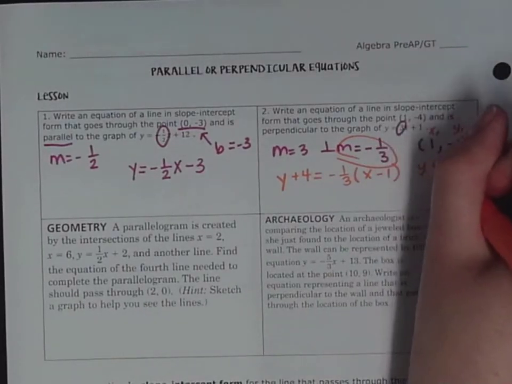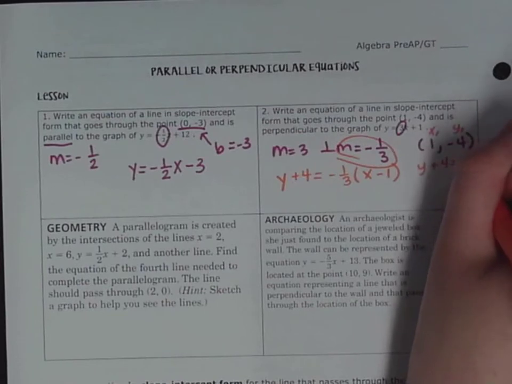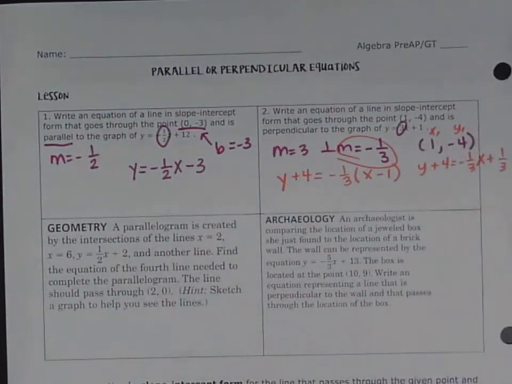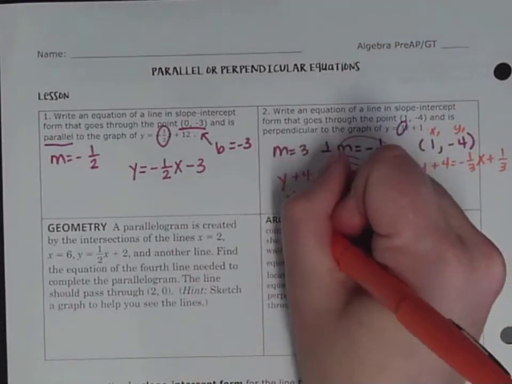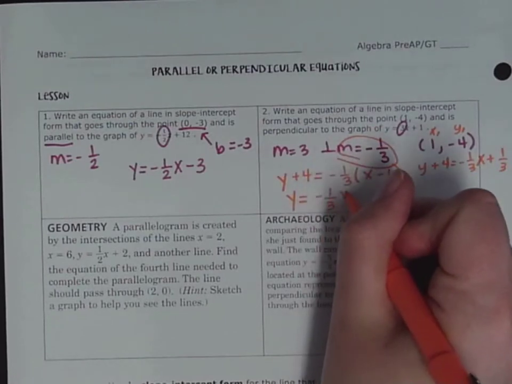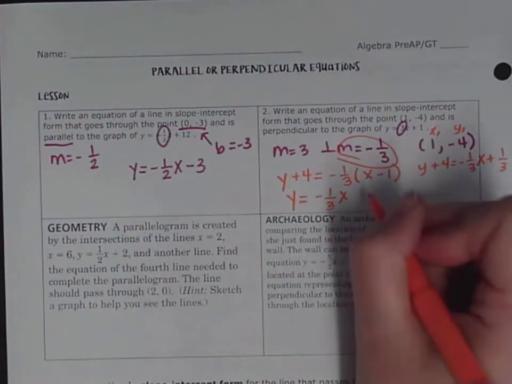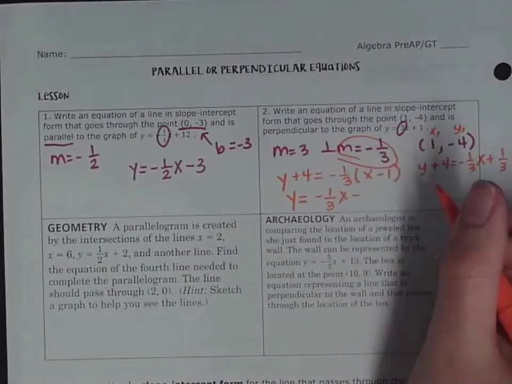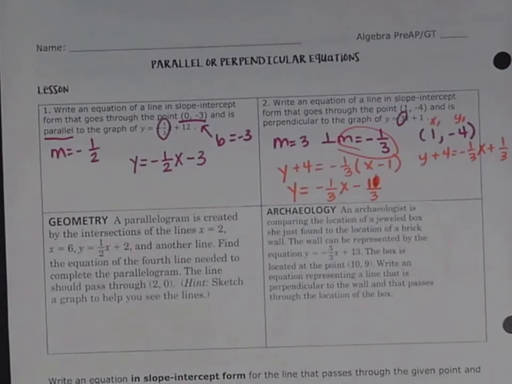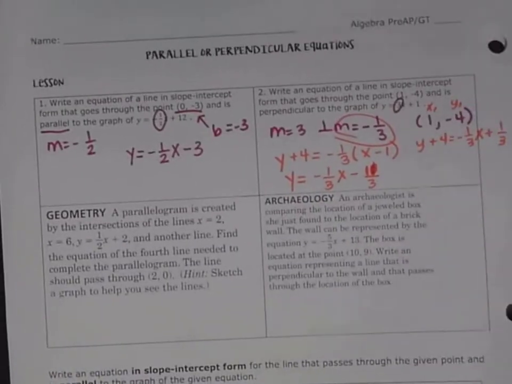So y plus 4 equals -1/3 x plus 1/3, and minus 4 from both sides, so that in slope-intercept form it's y equals -1/3 x minus, I think that should be 11/3. Okay. Yes, minus 11/3.